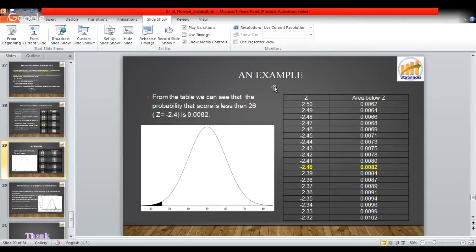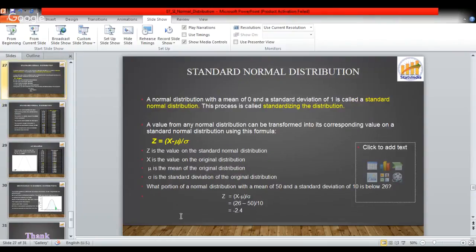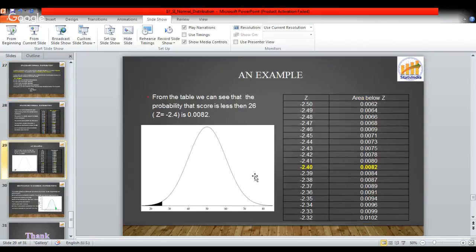Now we have to calculate the probability of less than 26. Below 26 means less than 26. Keep in mind that in the standard normal distribution, the middle value is 0, and minus 2.4 is somewhere between 2 and 3 on the left hand side.